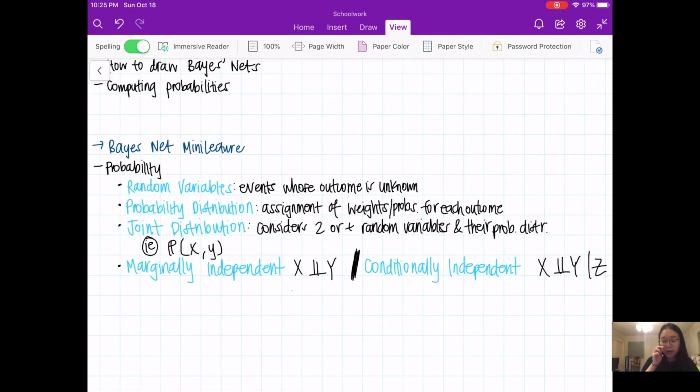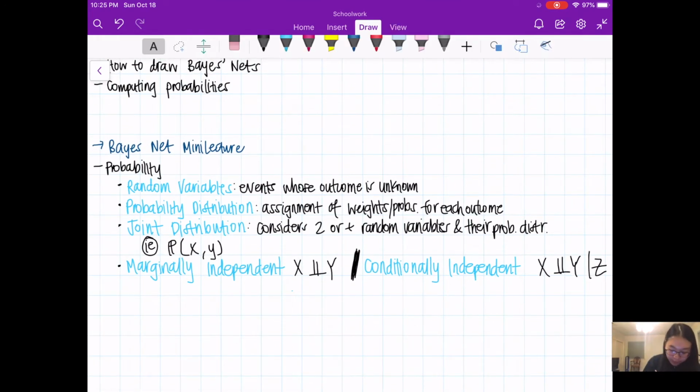Now let's go into more of the basics of what a Bayes net actually is.